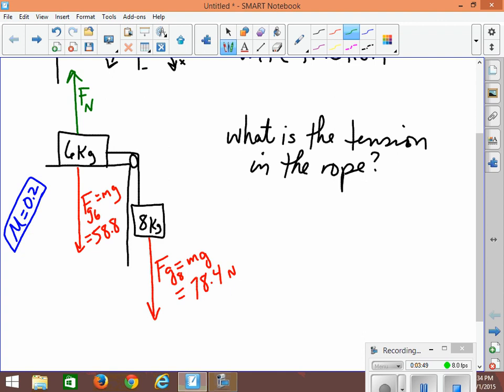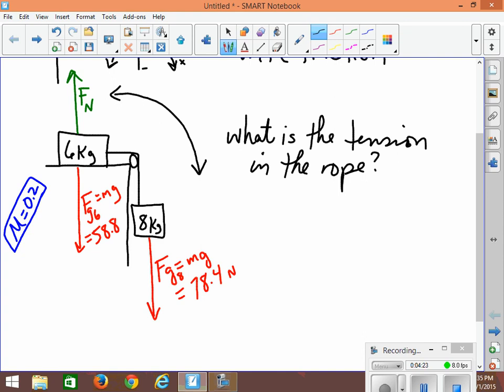Now, how will we deal with our new frictional force? Well, we kind of know which way this is going to go because we have done that in the previous question. You can tell by looking at it, the 8 kilogram block is probably going to pull this whole system this way in a clockwise motion. So that's our x-axis: all the forces that are lined up along this clockwise versus counterclockwise reference frame.